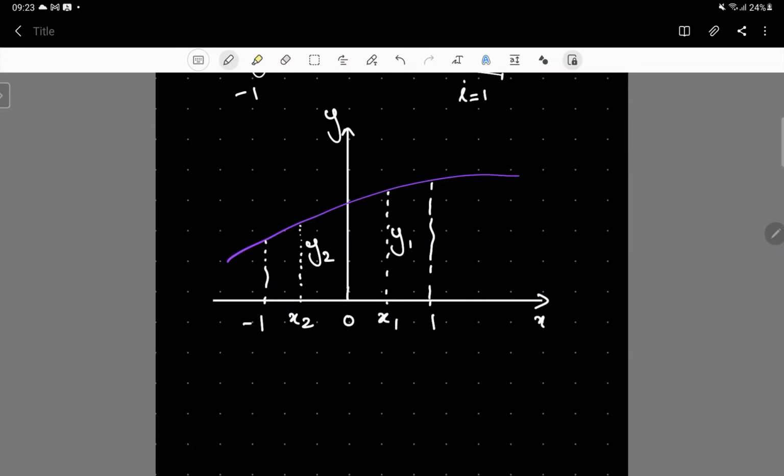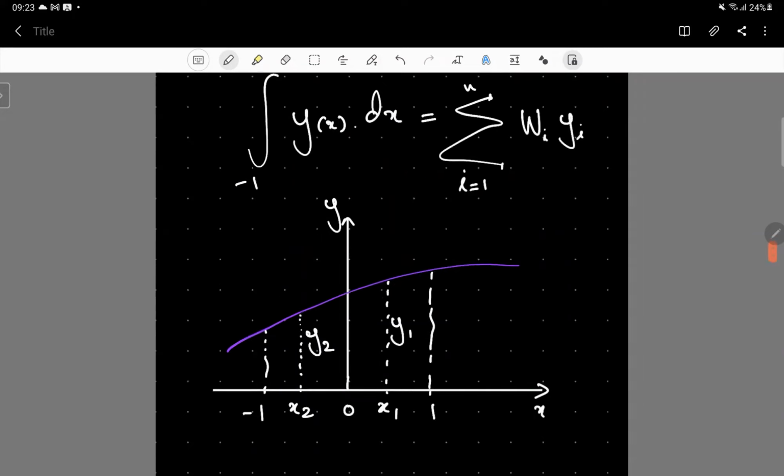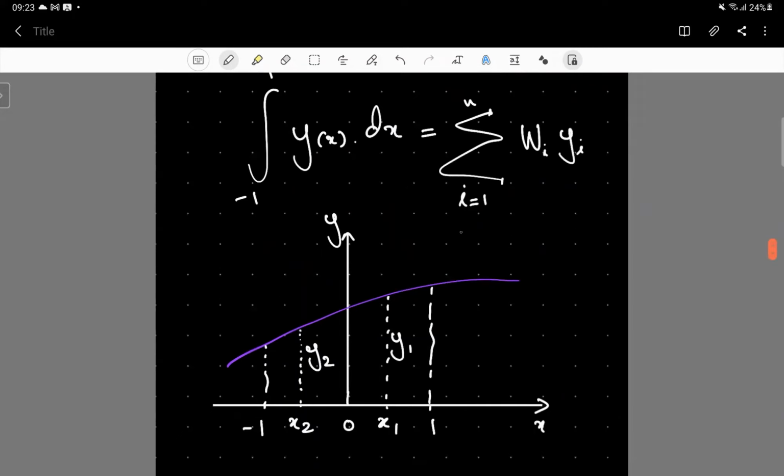And then we can apply this equation, which I have written here, to evaluate the integral of the curve bounded by -1 to +1.